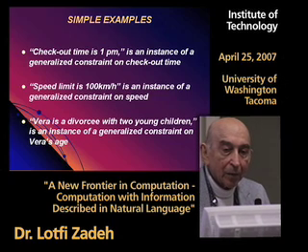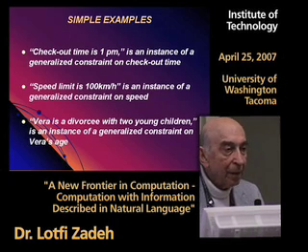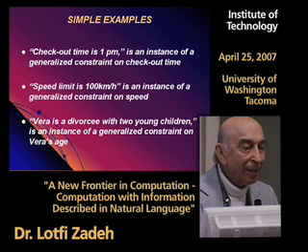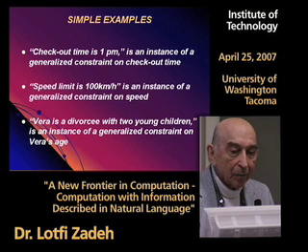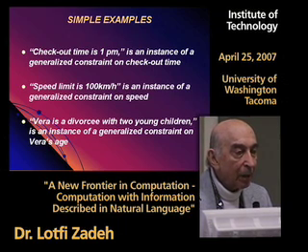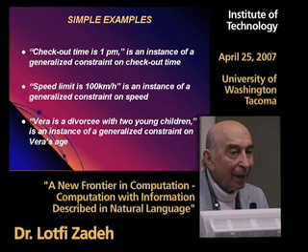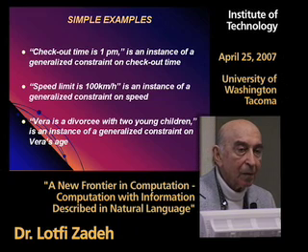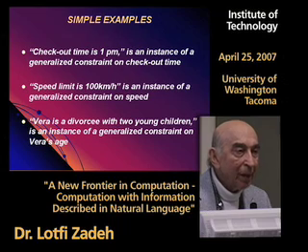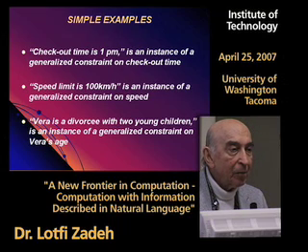Now, checkout time is 1 p.m. That is an elastic constraint, even though it appears to be precisely described. Speed limit is so many miles per hour, so many kilometers per hour, has some elasticity, and so forth. So most real-world constraints have some elasticity, but we usually treat them as if they were hard constraints.